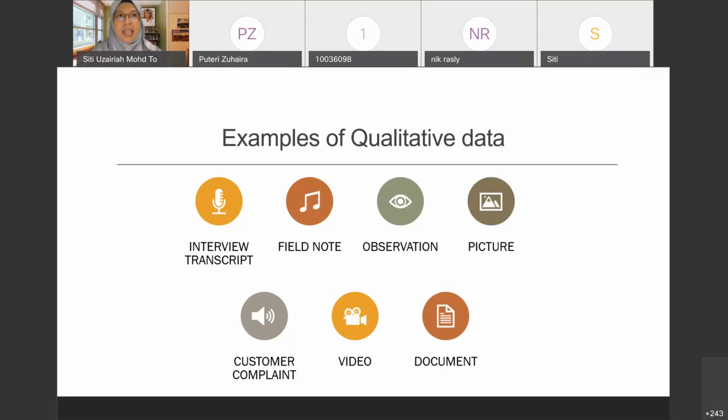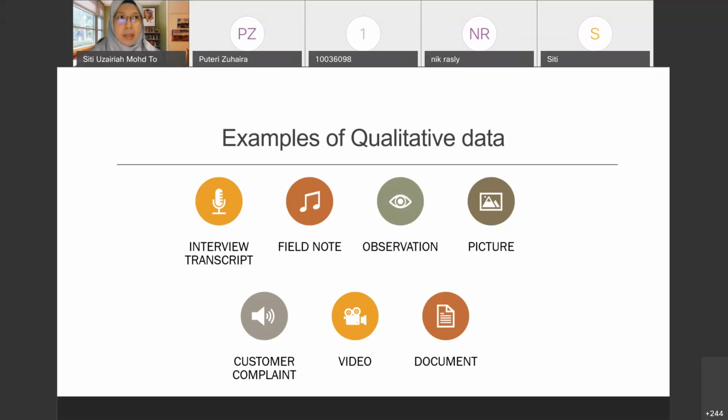So any data that you collect that you cannot measure and cannot put a statistical formula on is very subjective. It needs somebody to interpret the data. When I say somebody, that means human or people. Therefore, it is qualitative data.